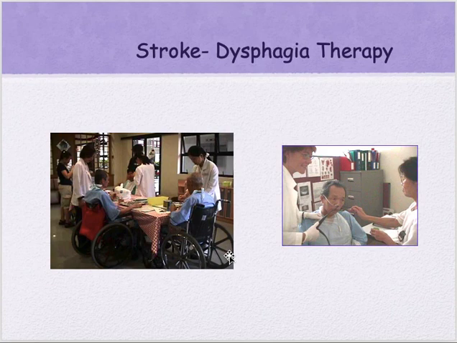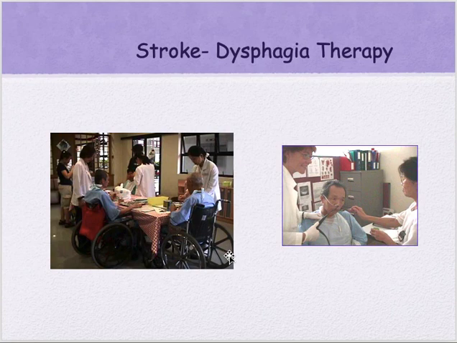Okay, but there is a technique called chin tuck. What is chin tuck? They bring the chin towards their chest. Basically, that protects the airway, and the liquids or food cannot go into the larynx.